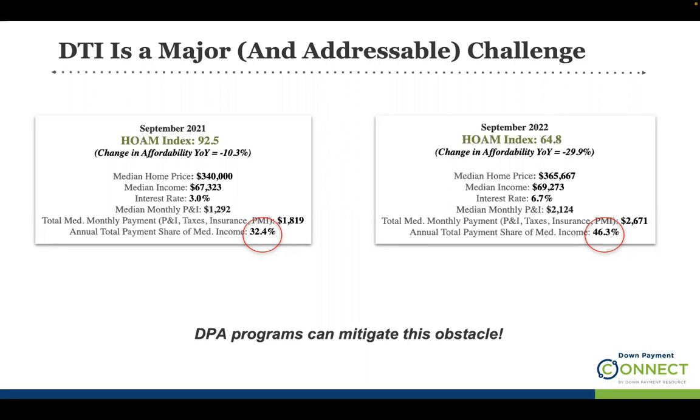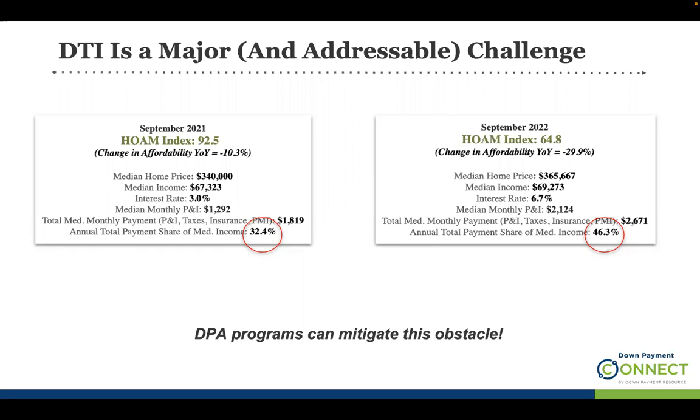And what does that look like for debt ratio? Look at the year over year difference. If we just take all those metrics, September of last year, that front ratio was a 32.4 out of the gate, just based on median home price and median income. That has exploded to 46% this year. But remember, down payment assistance programs can mitigate that obstacle.